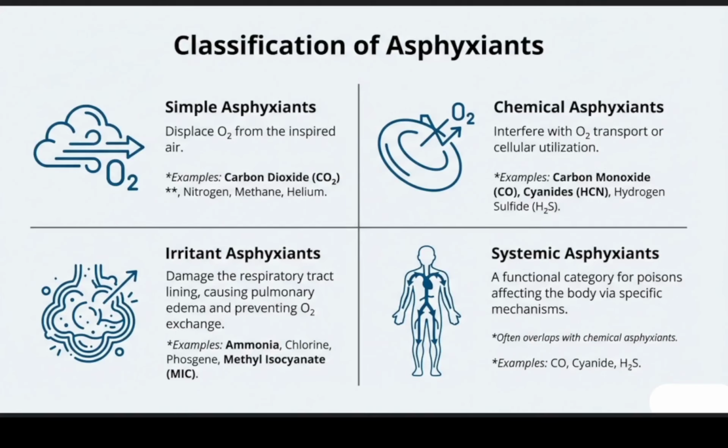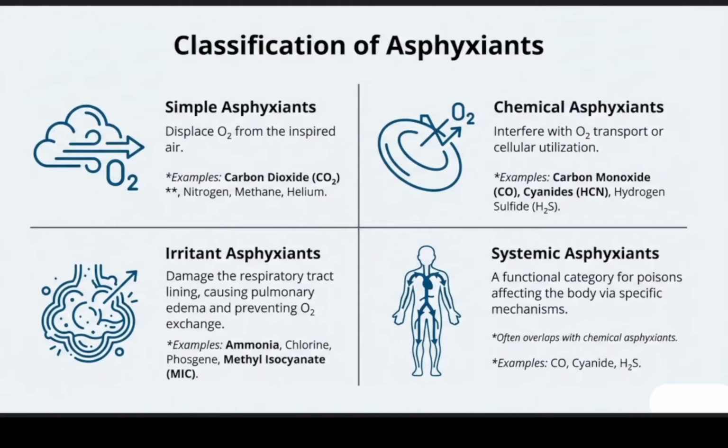Chemical means that which interferes with the oxygen transport or cellular utilization, like carbon monoxide, cyanides, hydrogen sulfide. We have irritant asphyxiants, wherein they are going to damage the respiratory tract lining, and because of that there is going to be pulmonary edema, and also they prevent the oxygen exchange, like ammonia, chlorine, phosgene, and methyl isocyanate.